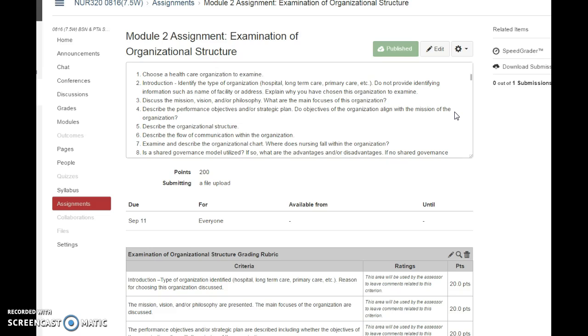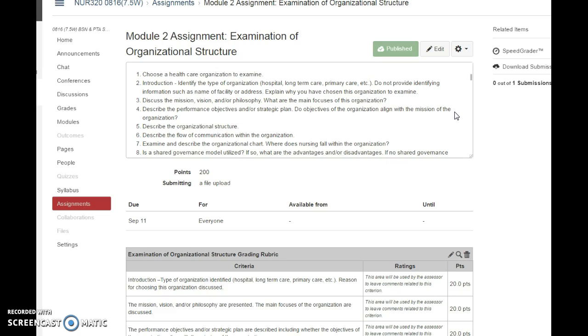Now, this might get a little bit harder to do than looking on the internet. So my suggestion is to contact someone within the hospital setting, and especially if you can find someone in nursing. Many times the CEO or the chief nurse, CNO or someone is a nurse. So the highest person up that is a nurse is the person I would suggest that you find to have a short conversation.